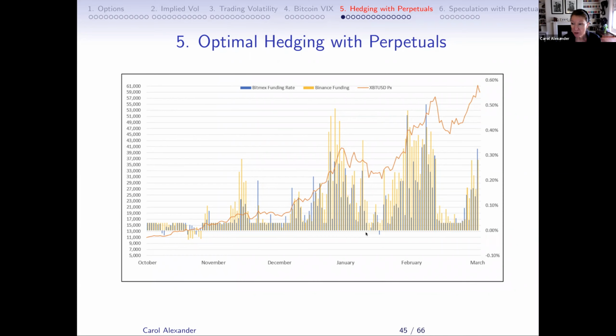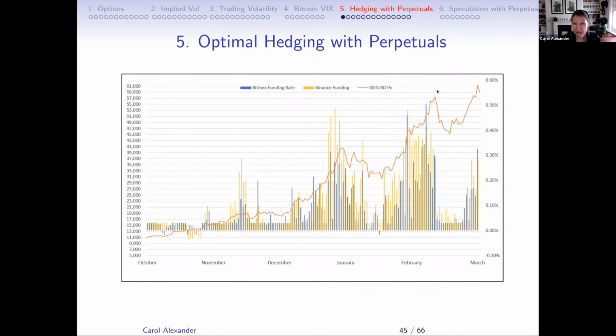Anyway, because there is no expiry date, something has to tie the value of the perpetuals to the spot price, and that is the funding rate. Now, most of the time over the last 6 months, because of this incredible surge in price of Bitcoin, going from 11,000 in October to touching 61,000 at one point just recently, the funding rate has been positive, which means those people who are long the perpetual have to pay those that are short the perpetual.